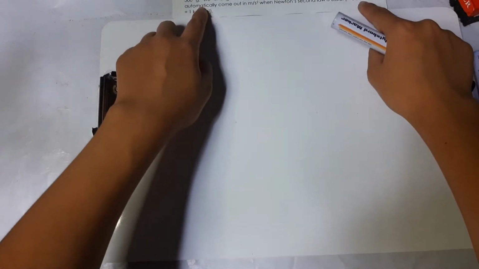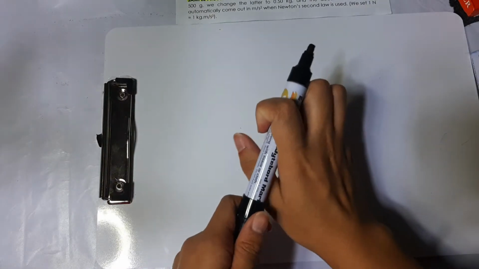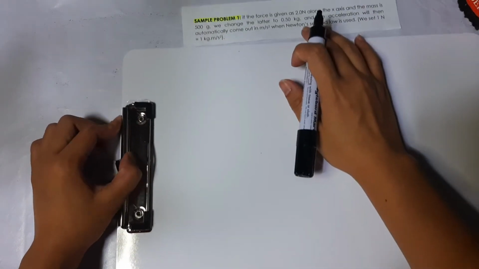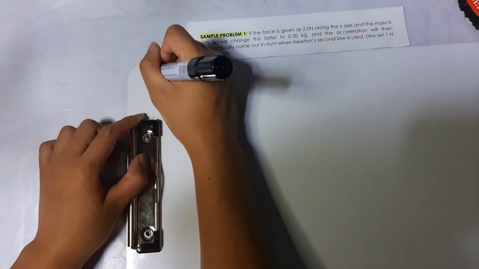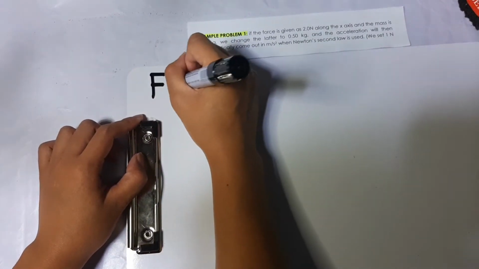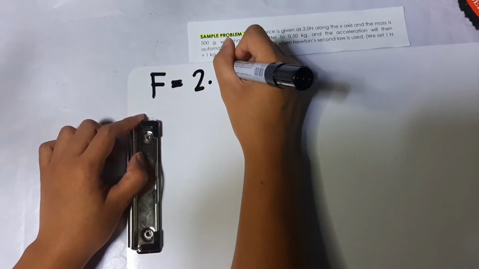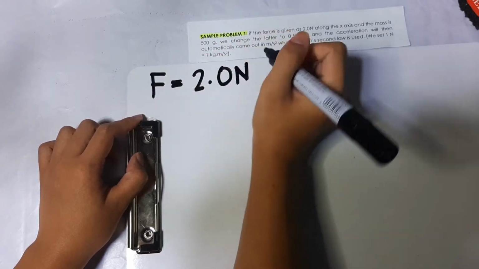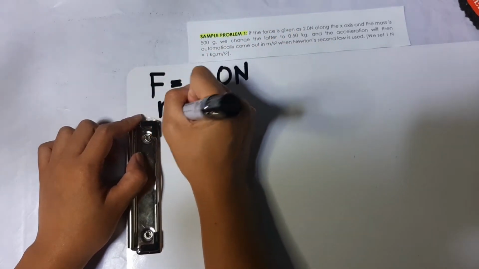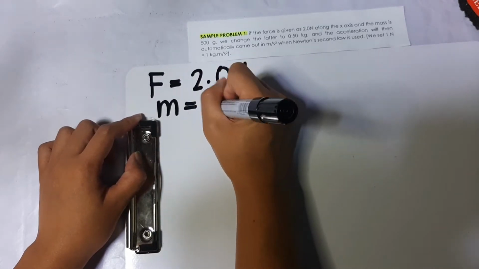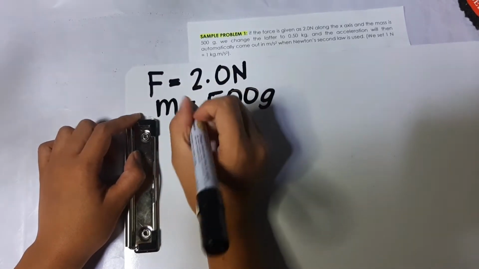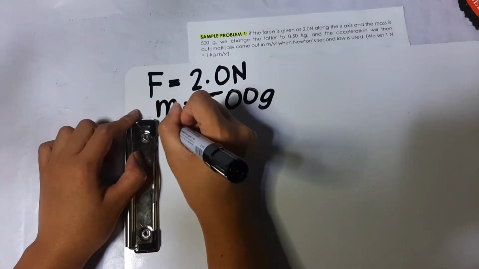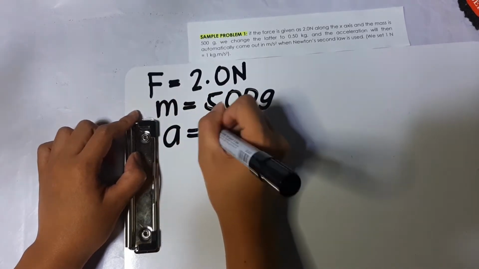The first thing that we have to do is to write our given. So from the problem, we have the force, which is equal now to 2.0 Newton. The mass, which is equal now to 500 grams. And the unknown from the problem is the acceleration.